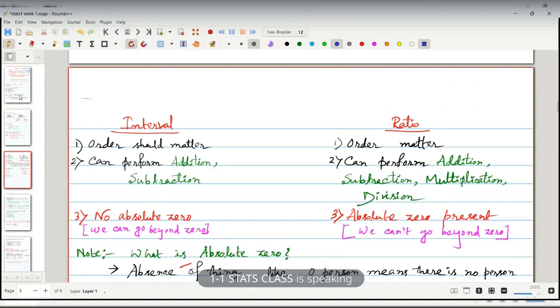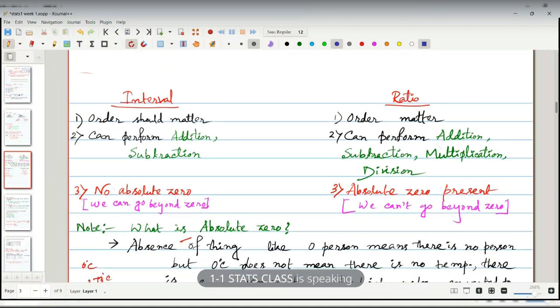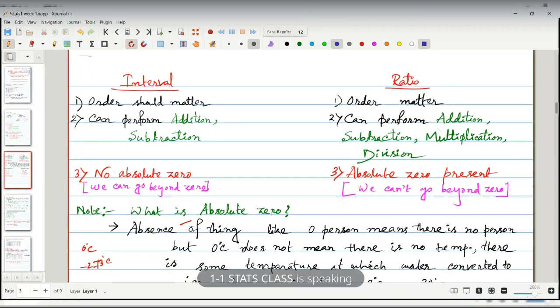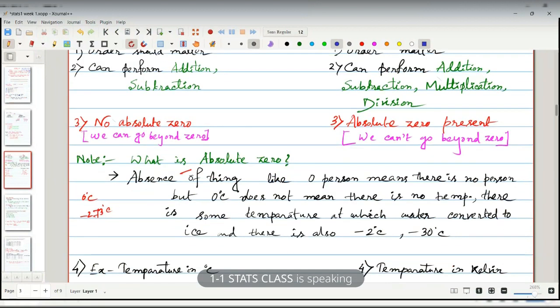Next is interval and ratio. So what is the interval scale of measurement? In the interval scale of measurement, order matters and we can perform addition and subtraction, and there is no absolute zero. What is absolute zero? Absence of the thing, like 0 persons means there is no person, and we cannot go below 0.